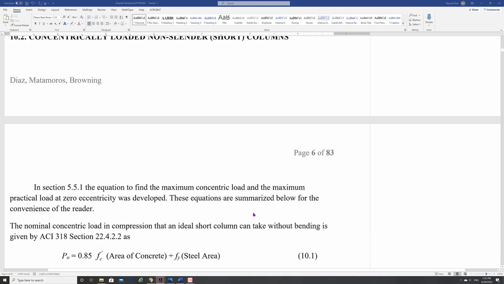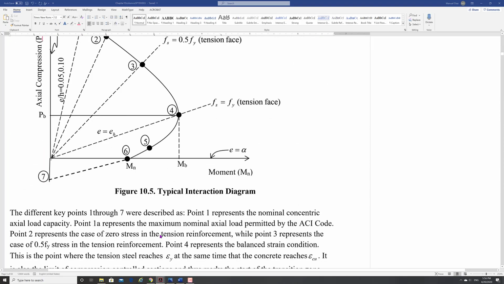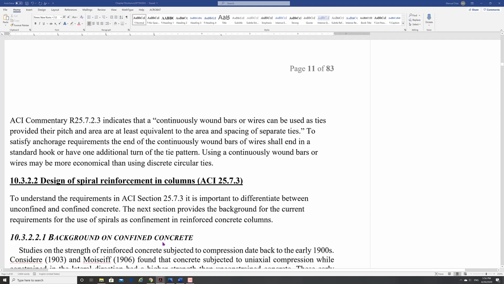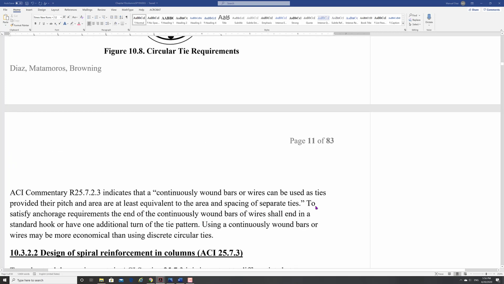That's what it means by telling you here the anchor requirement: the end of the continuously wound bars or wires shall end with a standard hook or have one additional turn, completely turn. Okay.